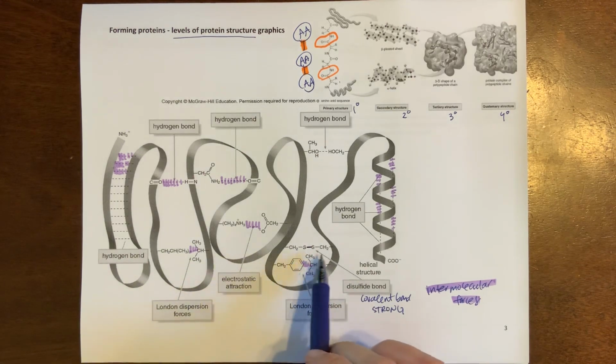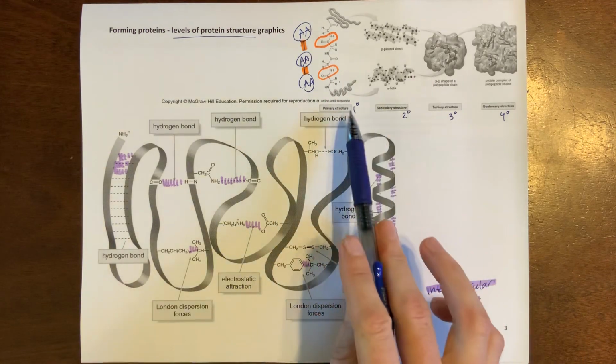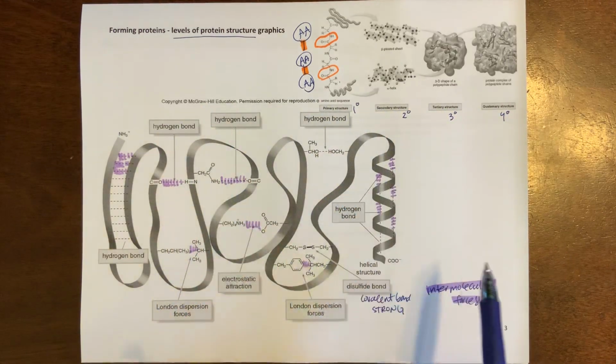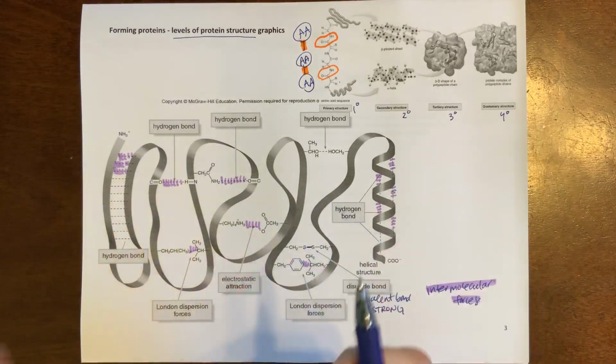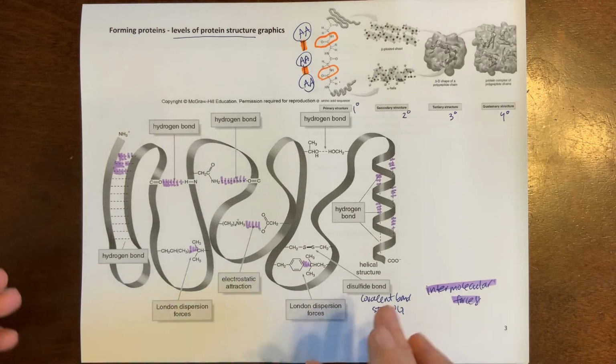We have some of those in our hair, and if you ever perm your hair, you use chemicals to break those strong bonds and reform them into the curls or the straight hair that you would rather have. So we are going to look at these different levels of structure, and we'll come back to this page to see where they fit in here, but we're looking at these attractions that make this straight amino acid chain kind of fold up into a cool, more complex shape.